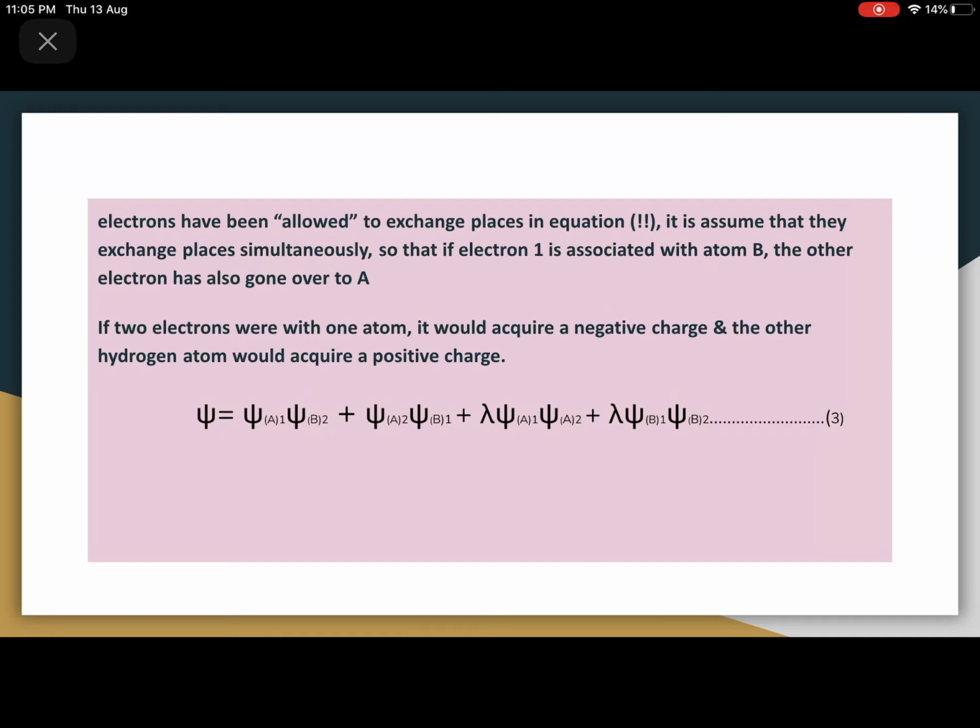So equation 2 will get modified as follows: psi is equal to psi A1 psi B2 plus psi A2 into psi B1 plus lambda psi A1 psi A2 plus lambda psi B1 into psi B2.